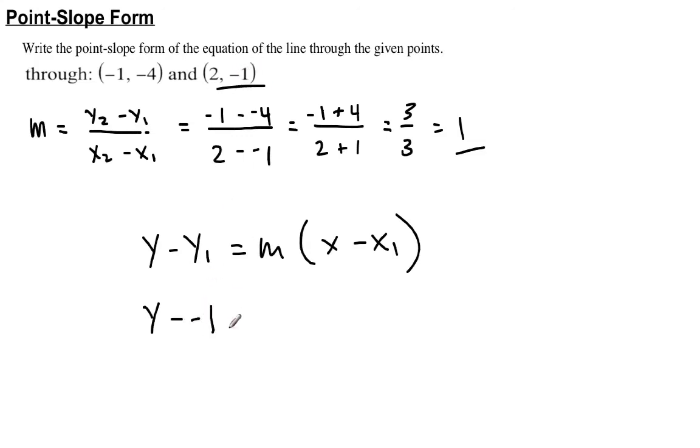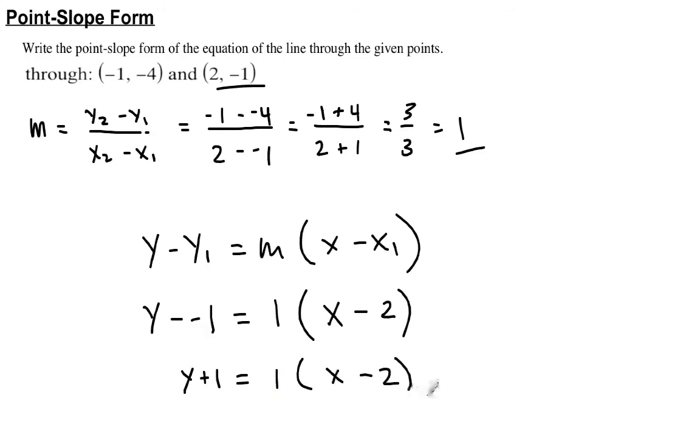So we say -1 is equal to, our slope is 1 times x minus, and then our x1 is 2. So x minus 2. You know, and if you wanted to, you could go ahead and simplify this part here. Y minus -1 is y plus 1, right, is equal to 1 times x minus 2. Okay, so that's our final answer.